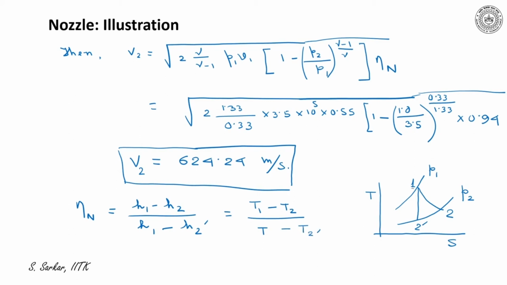This is our T1 and this is our T2 dash, 1 and 2 dash, and this is our actual temperature T2. Now from here I can evaluate the actual temperature. I'll show you the whole way.